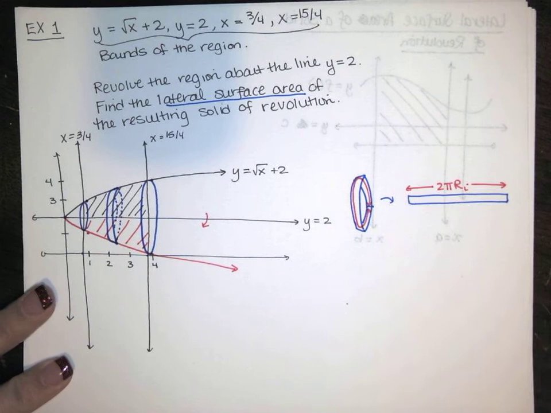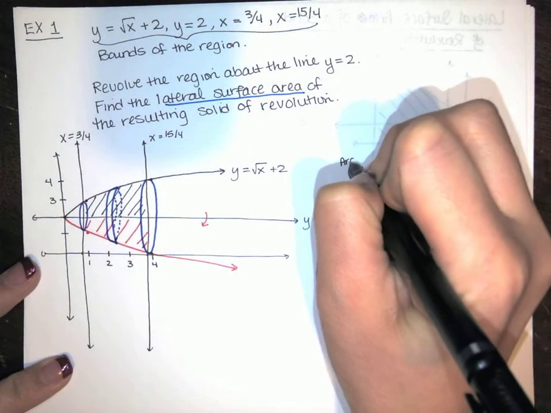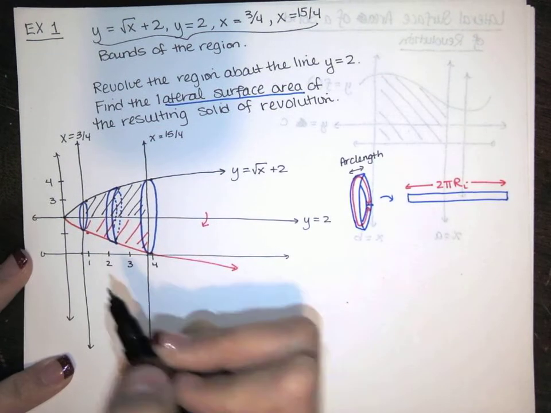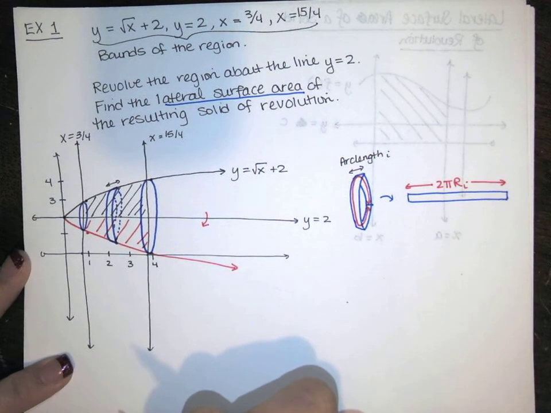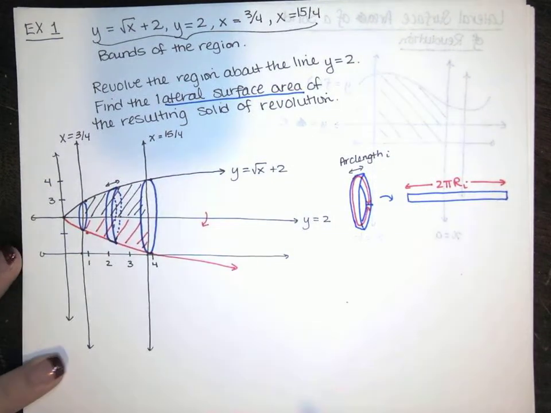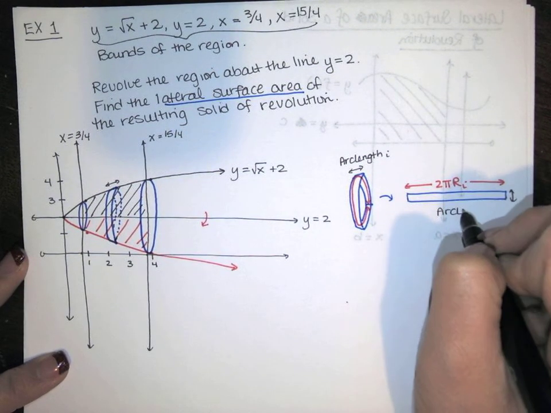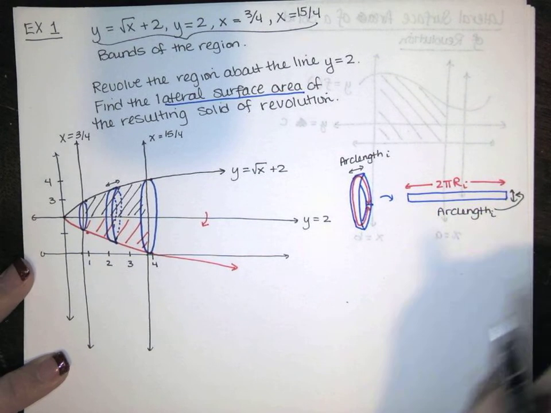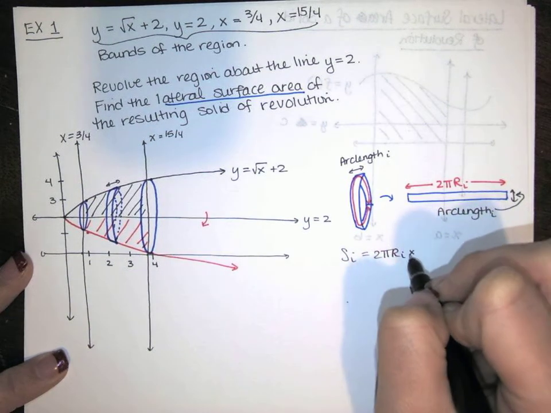And careful here, this dimension is arc length. It's not delta x. Even though it looks like delta x in our picture, it's a little bit longer than that. So this dimension's arc length. And I know it looks like I'm talking about the bottom, but I'm not. It's that side. So the surface area is 2 pi times the radius times the arc length.